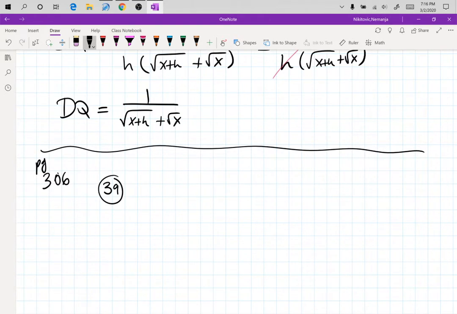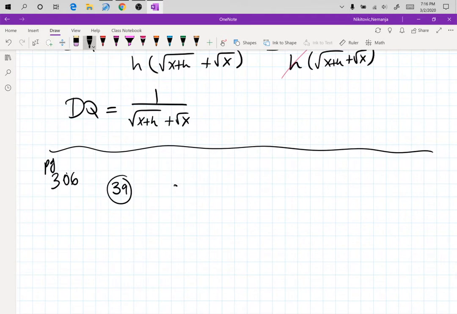A closed rectangular box with a square base has a volume of 8,000 cubic centimeters. So I have a box with a square base. So that's x, and the height is different. It's y.